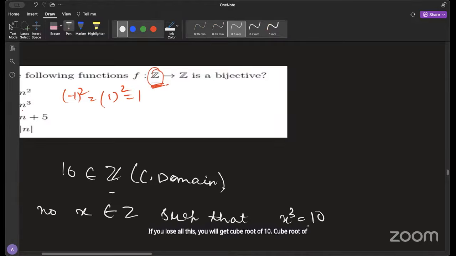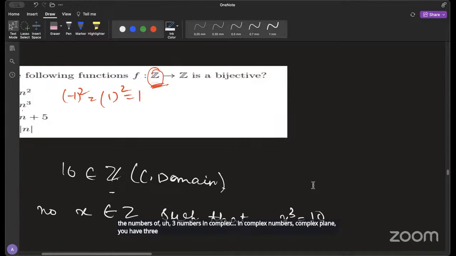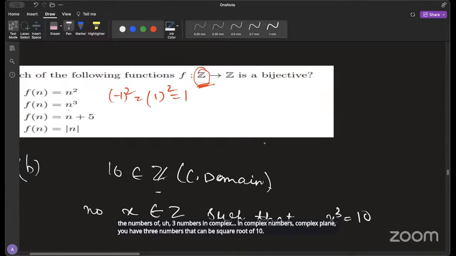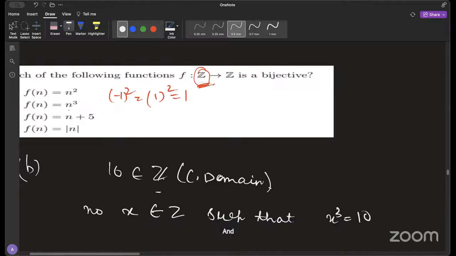The cube root of 10 is a real number, but it's not an integer. Actually, the cube root of 10 gives three numbers in the complex plane, and none of them is in the set of integers.